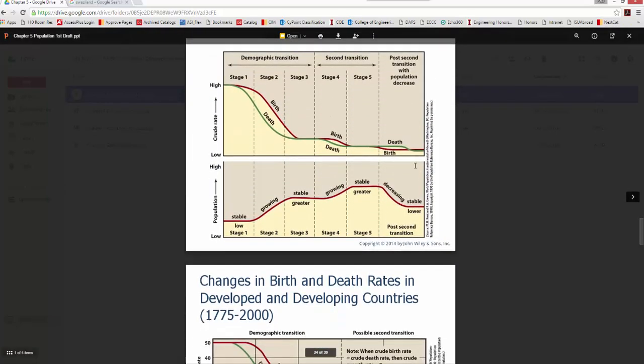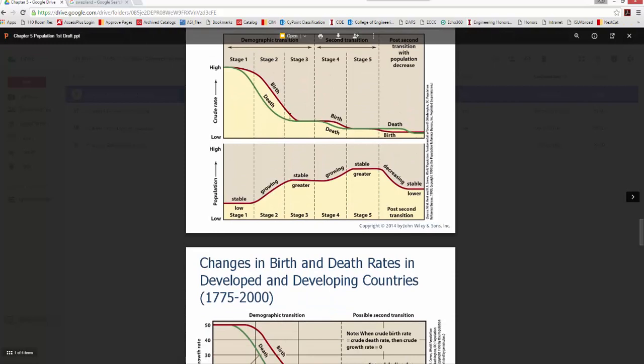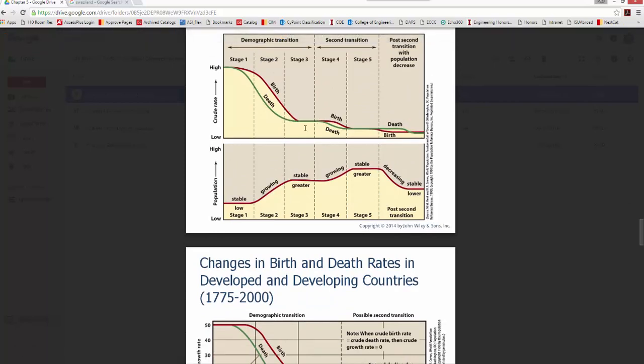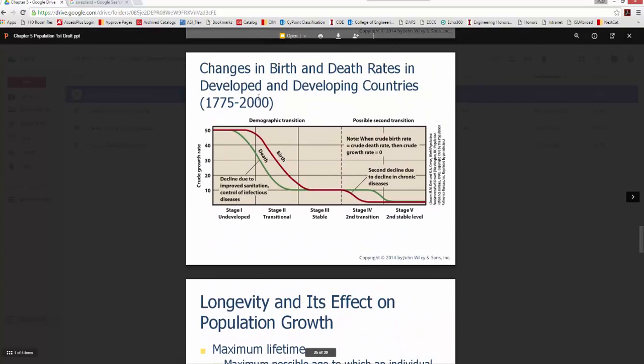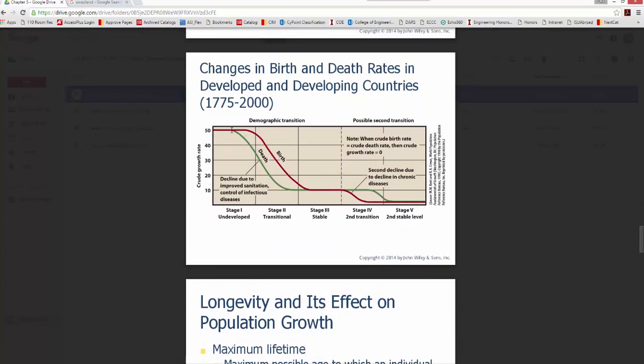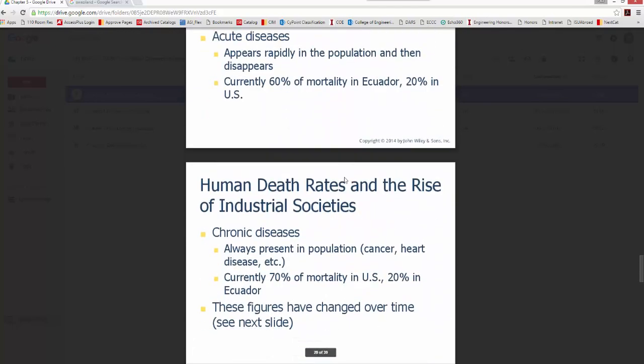Now, theoretically, we can, if birth rates and death rates are the same. So you see zero population growth right there in stage 3. In fact, if you look back here, 1775 to 2000, a stage 3 would give you a stable population growth.